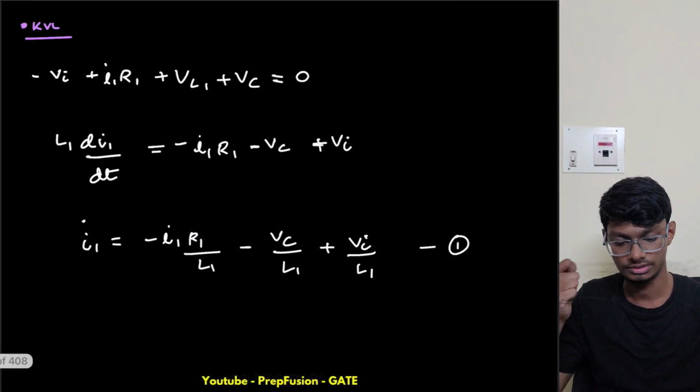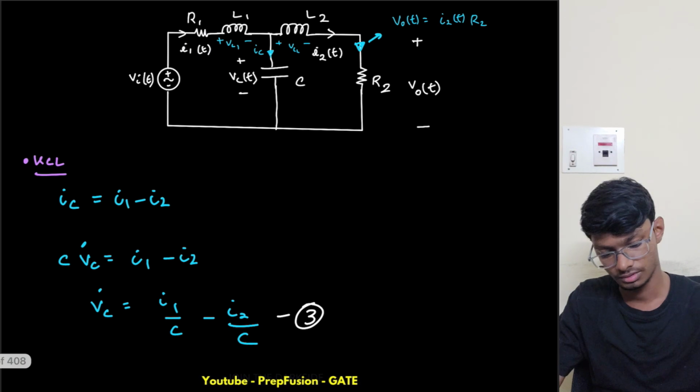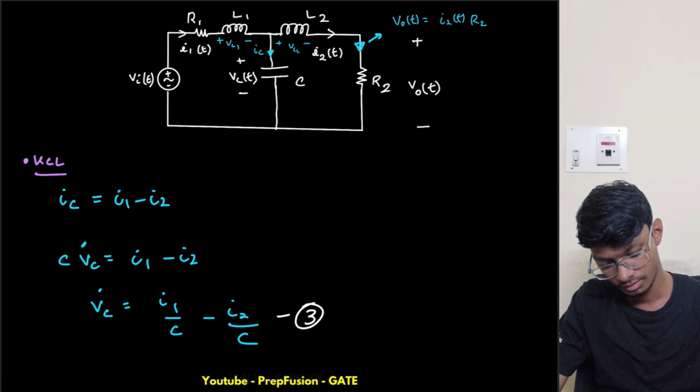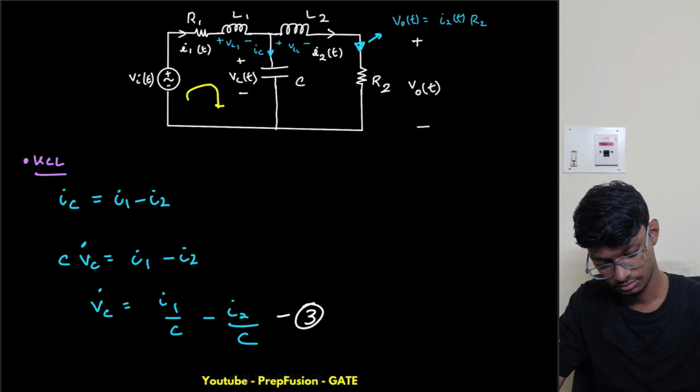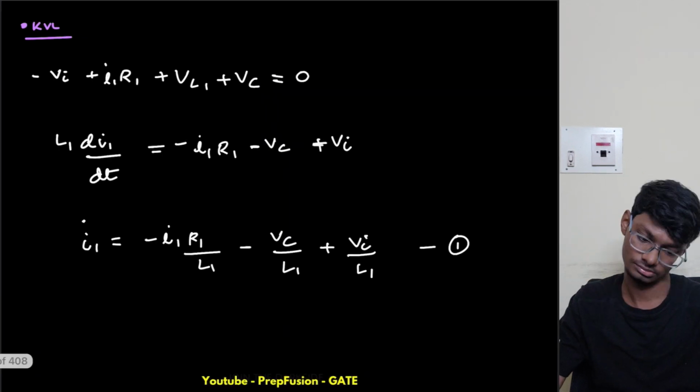Now let's do the KVL in the second loop. This is the first loop, and this is the second loop.